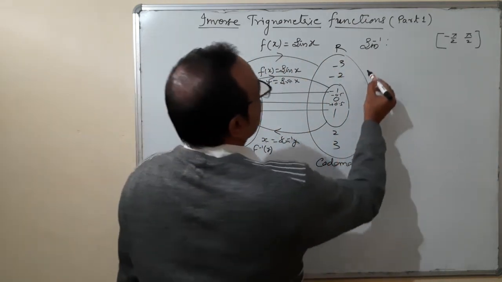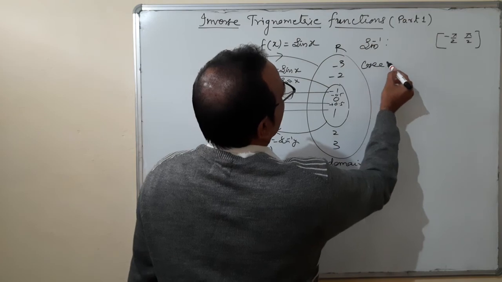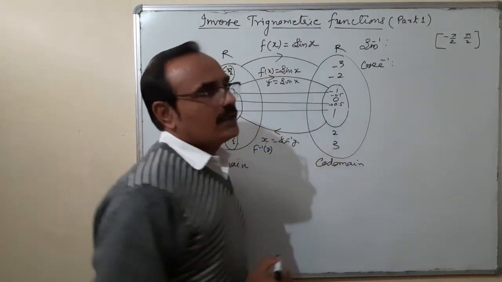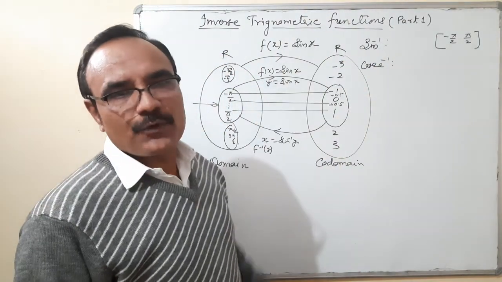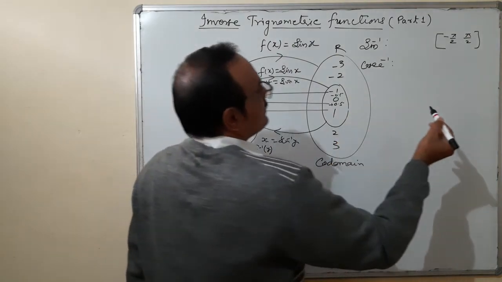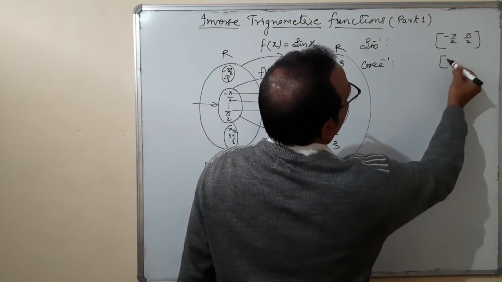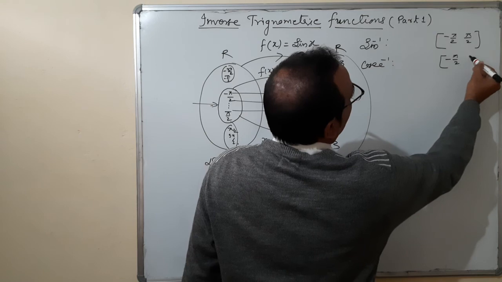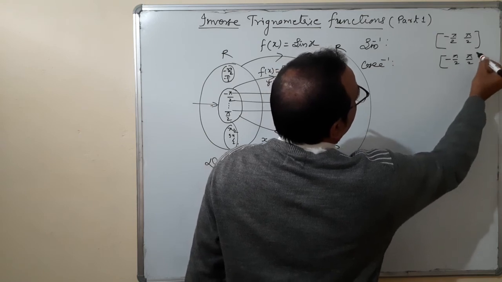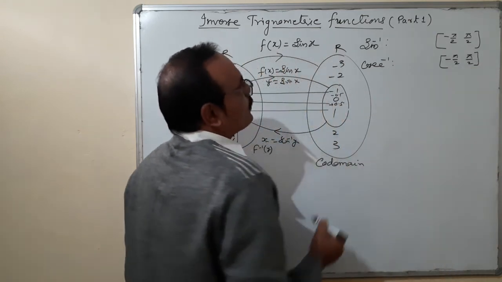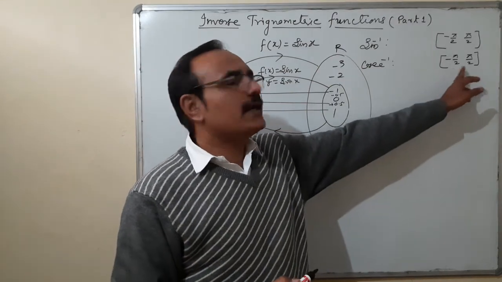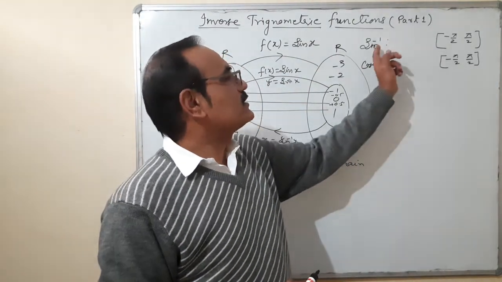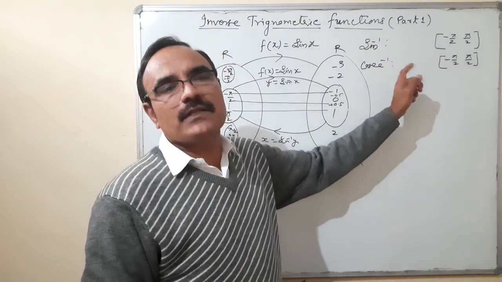Second is cosec inverse. Cosec is a reciprocal of sine. So it is minus pi by 2 to pi by 2. But in the cosec, you can see that between minus 90 to plus 90, there's a 0. Sine 0 is 0 and cosec 0 is not defined.